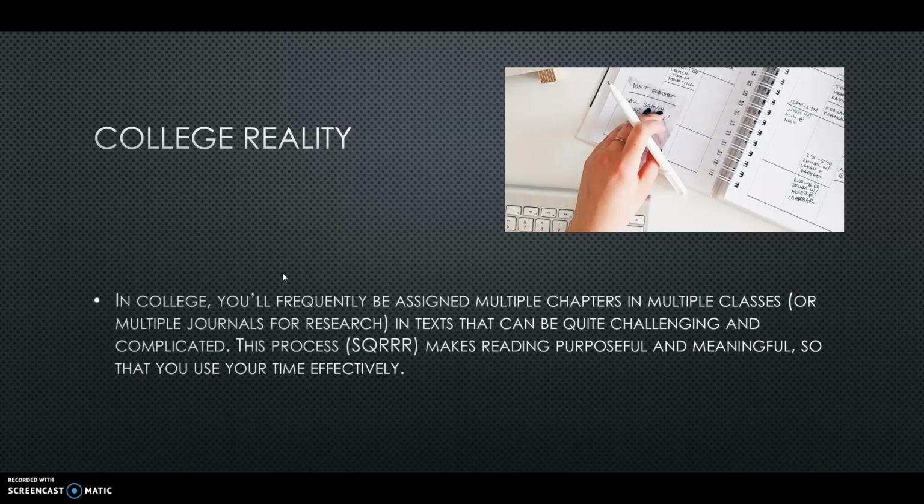So in college, the reality is you're going to be assigned multiple chapters in multiple classes or multiple readings and text that can be quite challenging and complicated. This process, SQ3R, makes reading purposeful and meaningful so that you use your time effectively and efficiently.